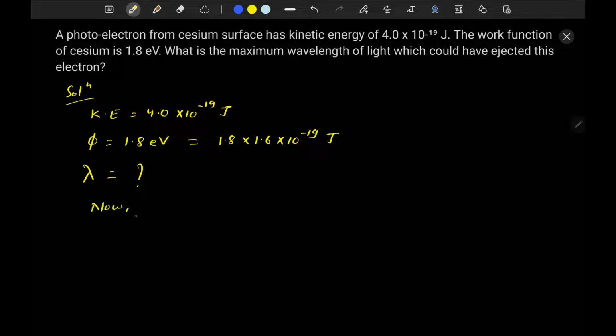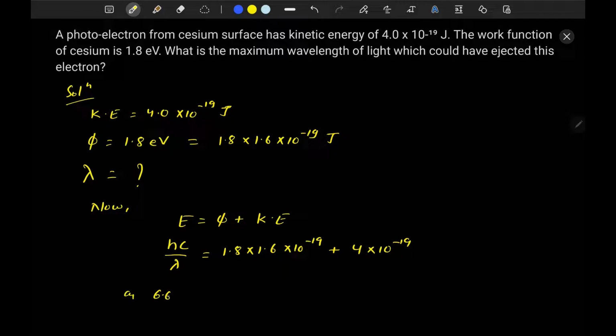Now we will use the photoelectric equation. E is equal to phi plus kinetic energy. E can be written as hc by lambda. The value of phi is 1.8 into 1.6 into 10 power minus 19, and kinetic energy is 4 into 10 power minus 19.